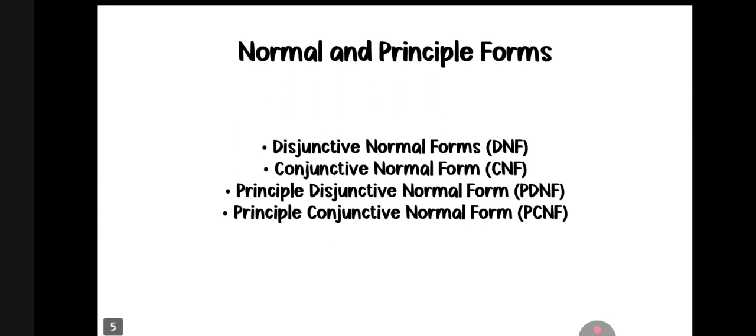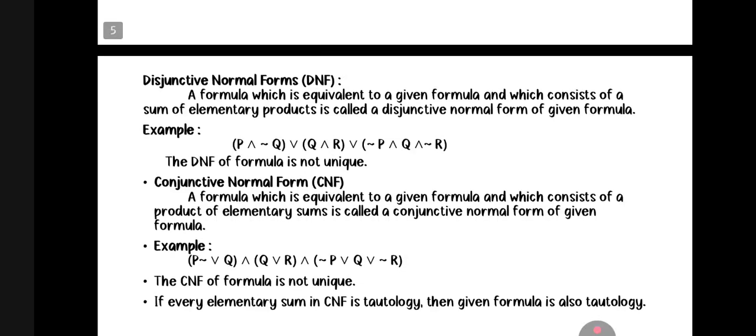Next we discuss normal and principal forms. A few points are discussed: disjunctive normal forms, conjunctive normal forms, principal disjunctive normal form, principal conjunctive normal form. First we discuss disjunctive normal form.